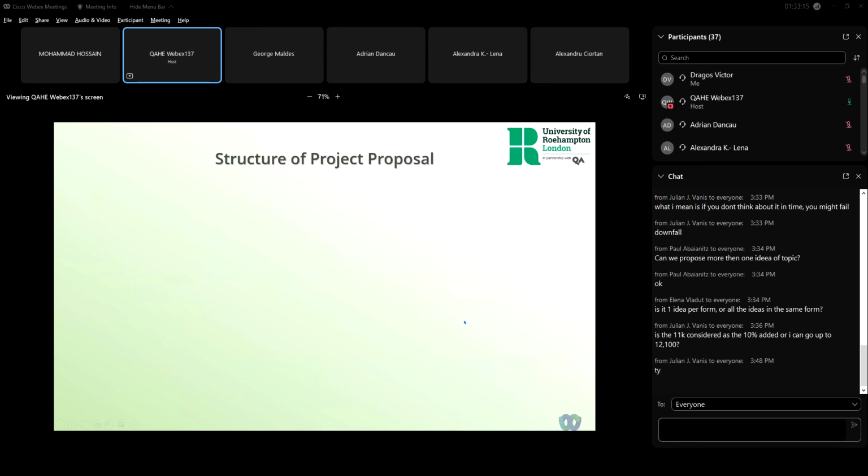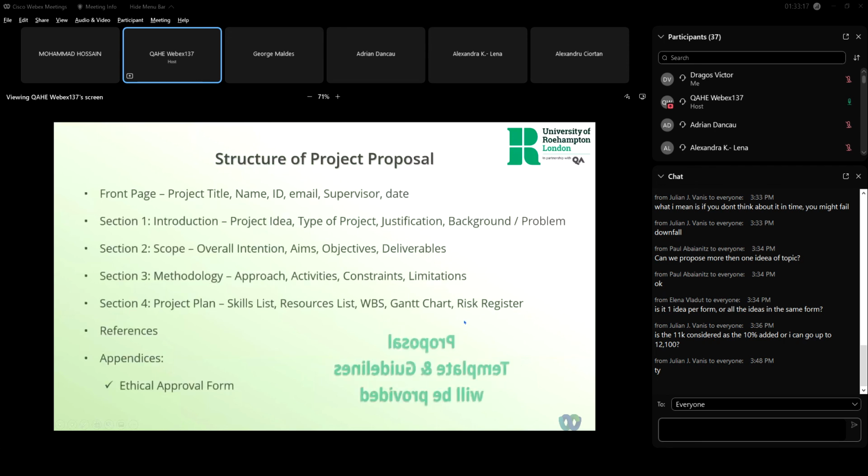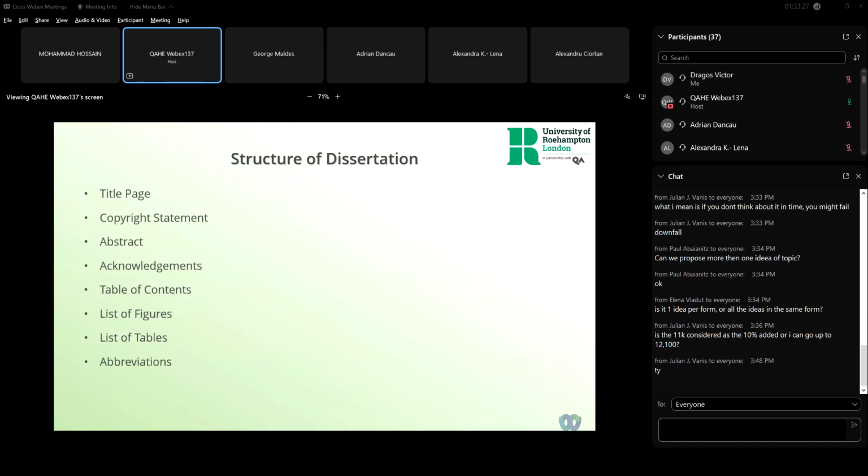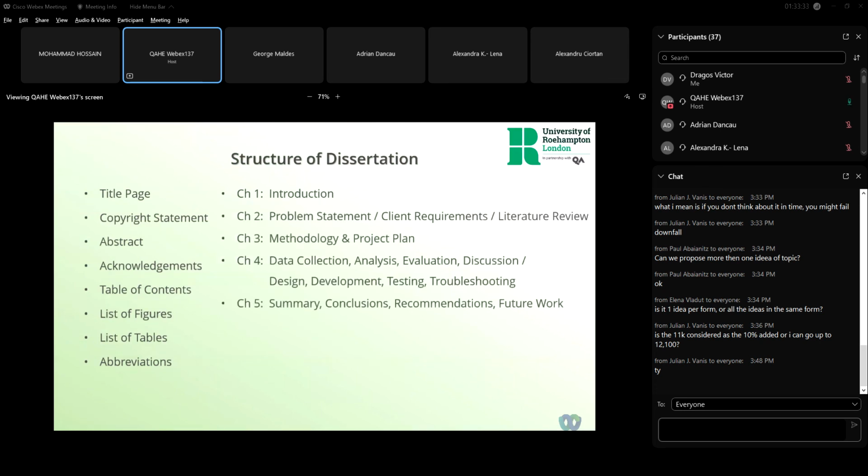What about the dissertation now, right? So you see, you start with your title, some statements there, and then the main body, and then the back of the dissertation.